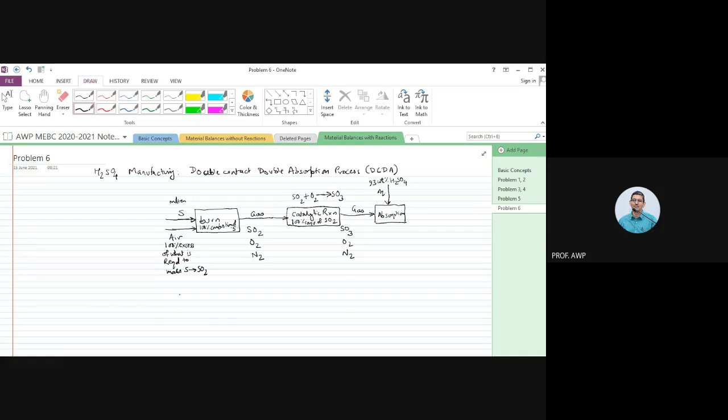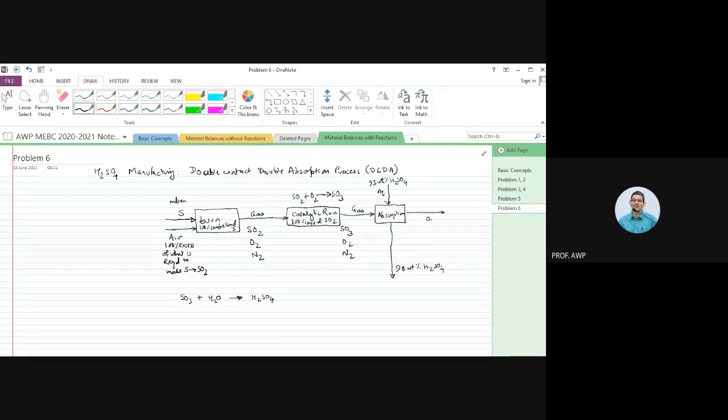SO3 will react with water and you will get H2SO4, so the amount of H2SO4 will increase. After absorption, this becomes 98 weight percent H2SO4. Actually it becomes oleum, but right now let's assume that it becomes 98% by weight H2SO4. And this remaining gas goes out.